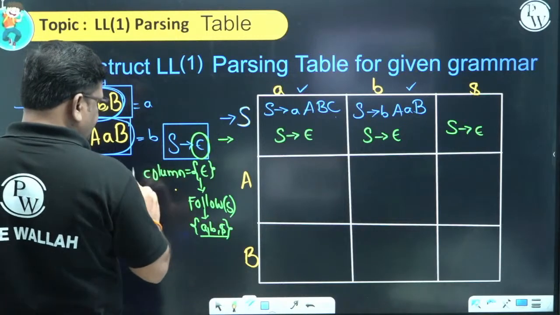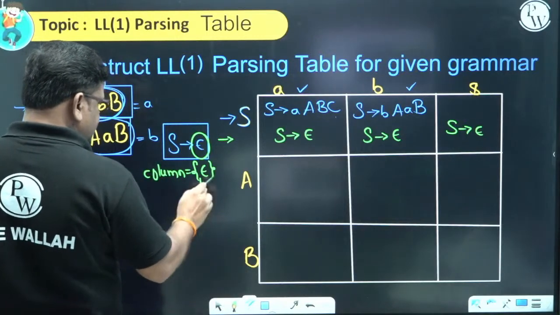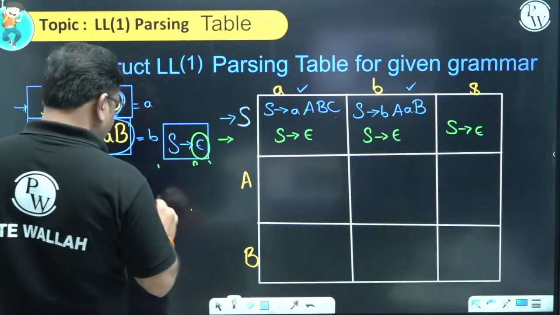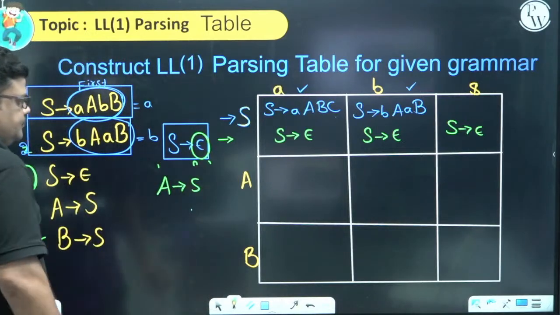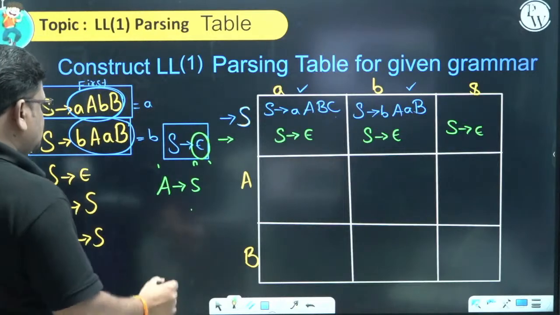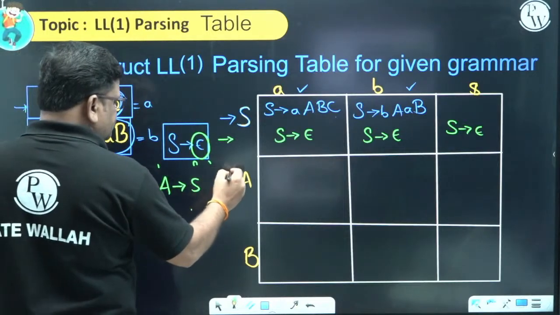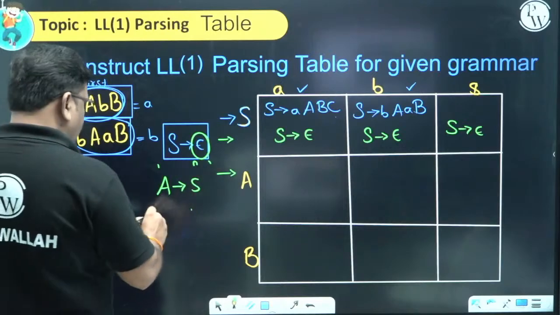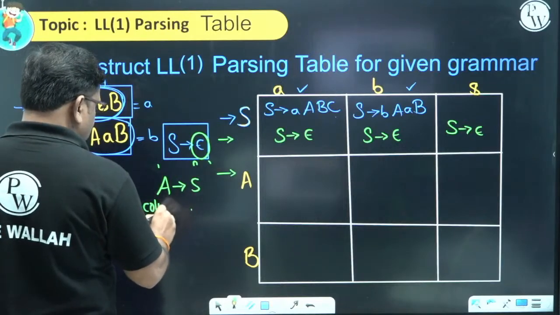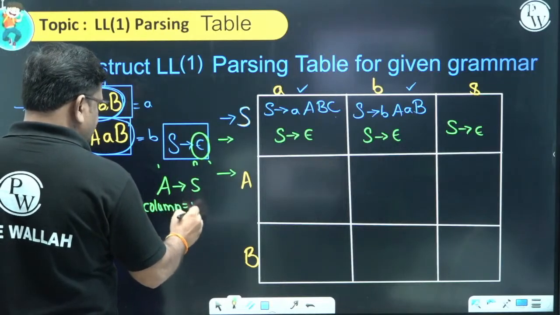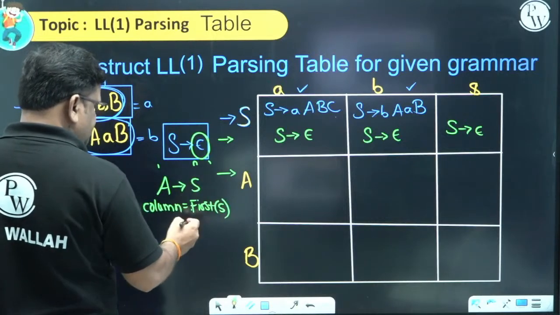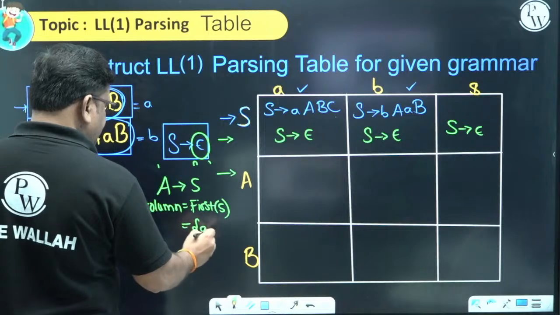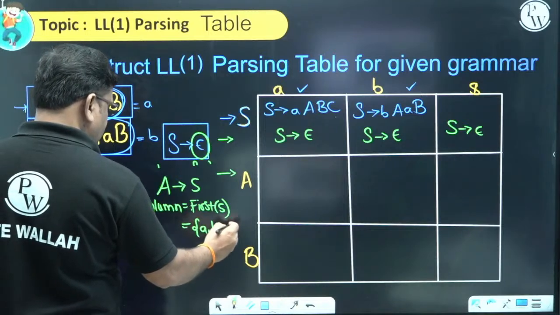In the same way, let us compute the fourth production, A gives S. So the row for this will be here, and the column of this one will be first of S. The right side first of S is A, B, epsilon.